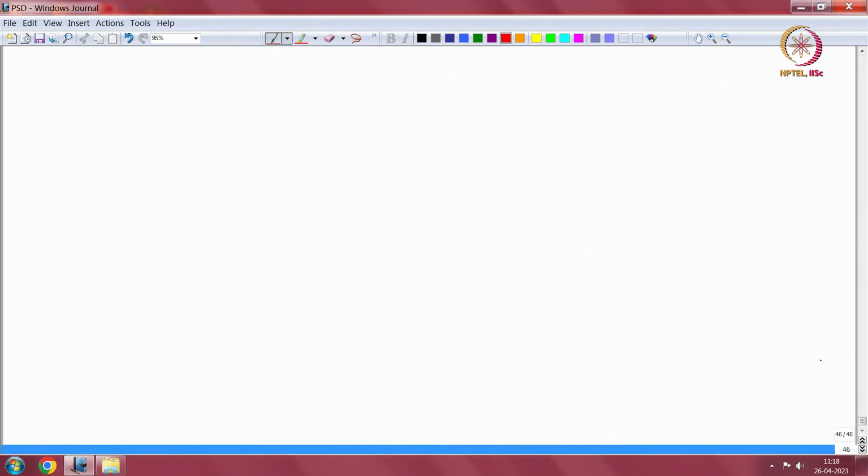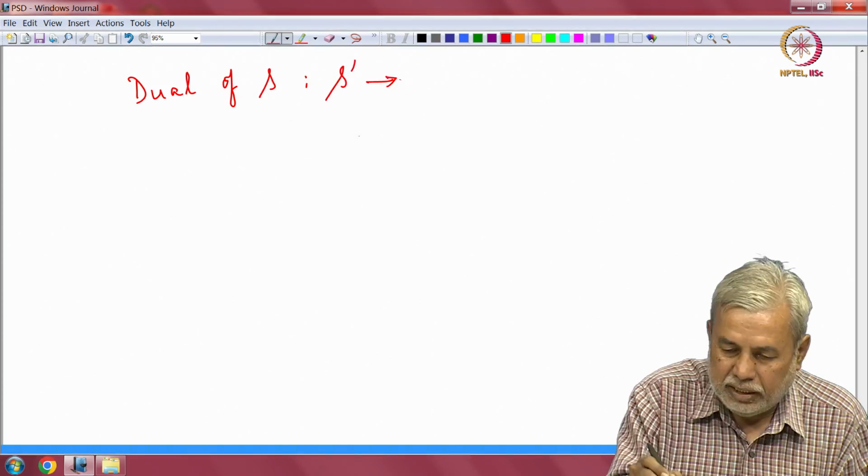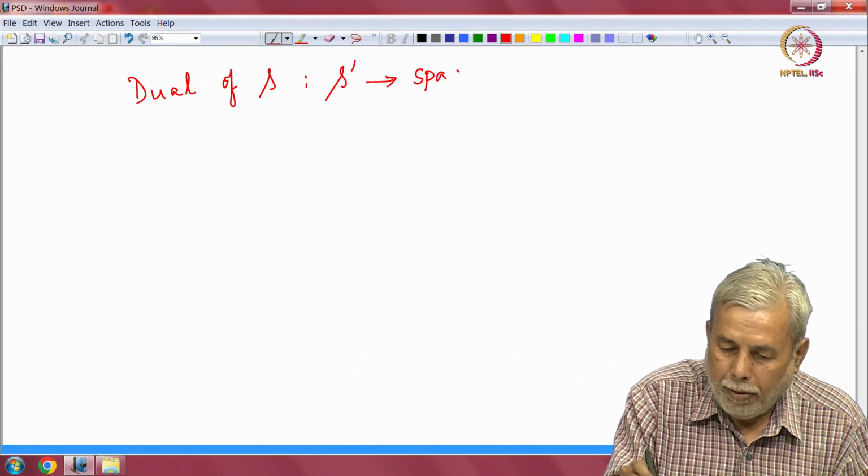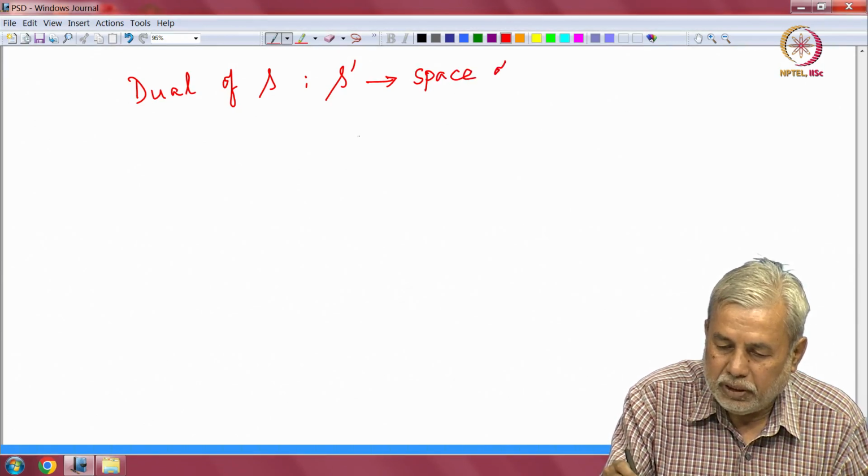So coming back again to the discussion. The dual of S, we'll talk about that now. We denote it as usual by S prime, and this space has a name. This is called the space of tempered distributions.